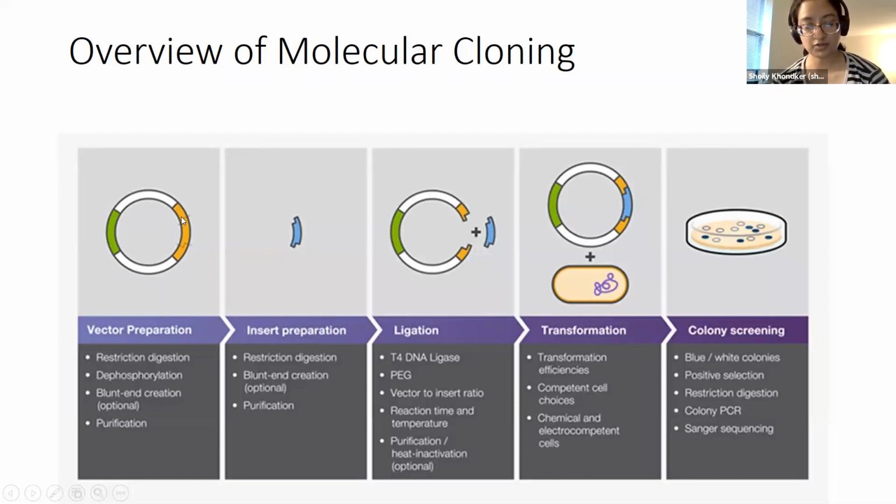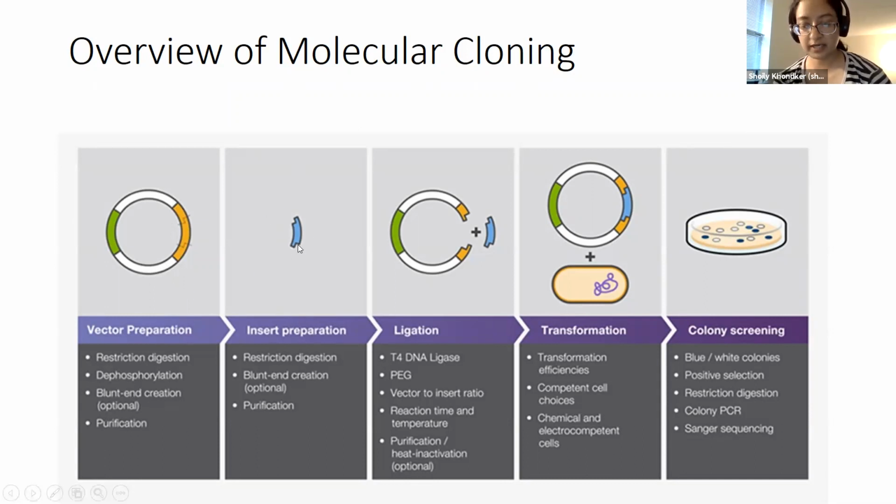You would perform a restriction enzyme digest to open up the plasmid to create a space for your gene of interest to be inserted, and then you would treat it with a phosphatase to remove any phosphate groups. What this will do is it'll prevent this plasmid from closing in on itself. And then you would purify this plasmid as a single piece of linear DNA.